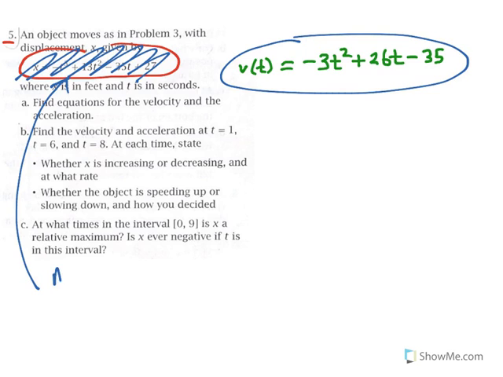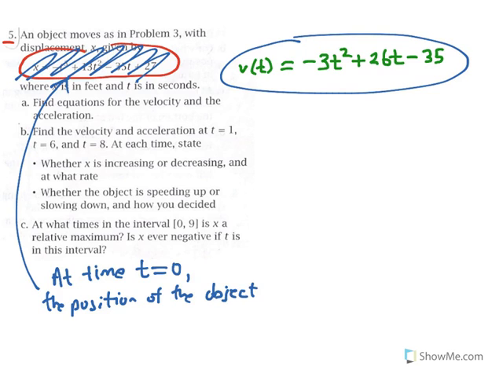So let's say you know that at time t equals 0, the position of the object on the x-axis is at x is equal to 27. So in other words, you have the ordered pair time is 0 and x is 27.